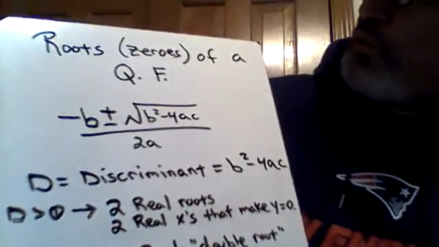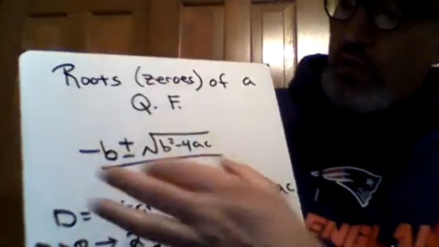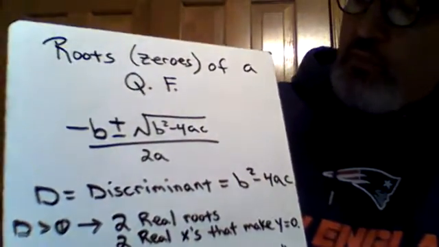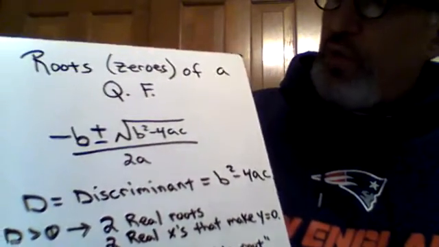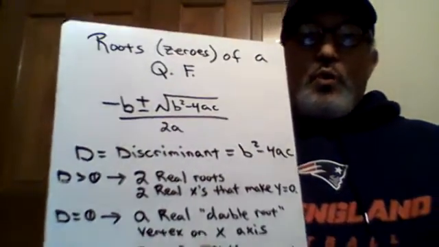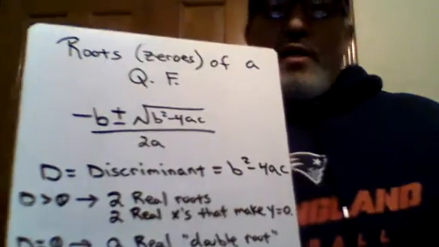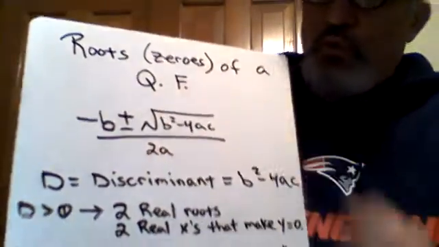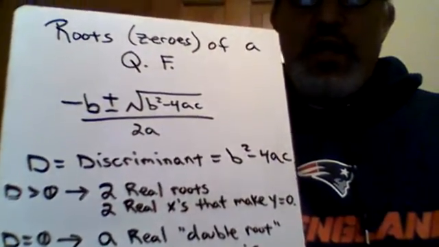The roots or zeros of a quadratic function are the two numbers negative b plus or minus the square root of b squared minus 4ac all over 2a. And we're focusing in this video on the number that's under the square root sign, the b squared minus 4ac.